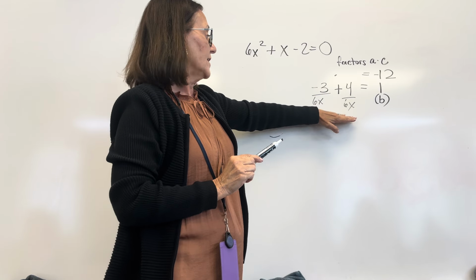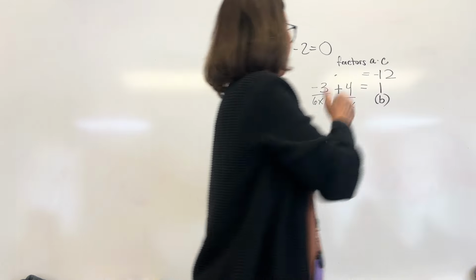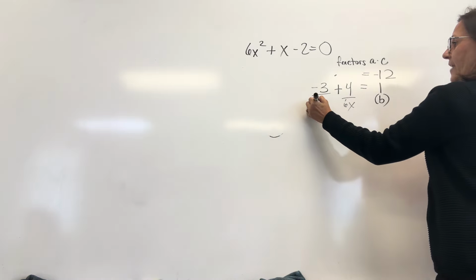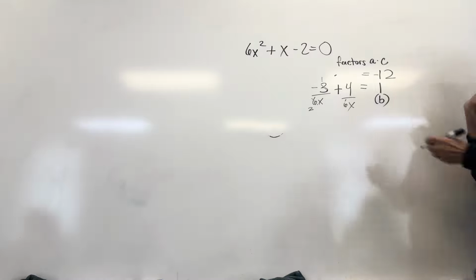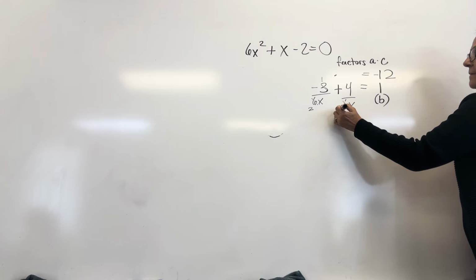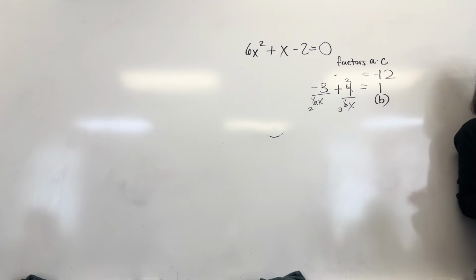Got it? All right, so now we're going to simplify the numbers. So that becomes 2, that becomes 1. Do y'all see that? This becomes 3, that becomes 2. Y'all see that?